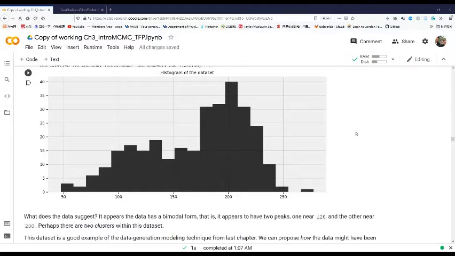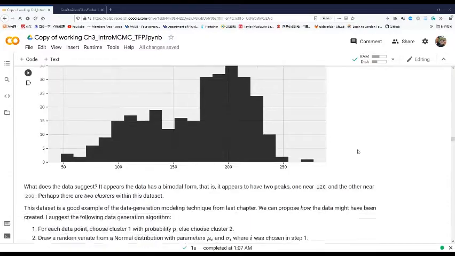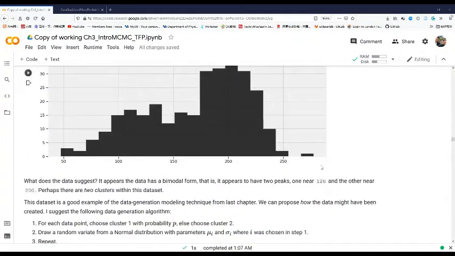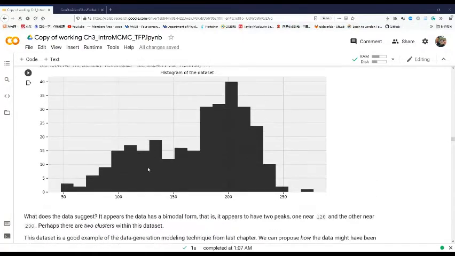The first thing we need to do is create two clusters, one for each of those distributions, and we make some guess about the probability of a data point going to cluster 1 or cluster 2.